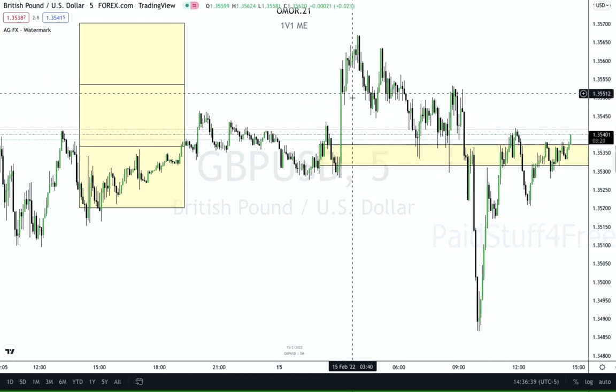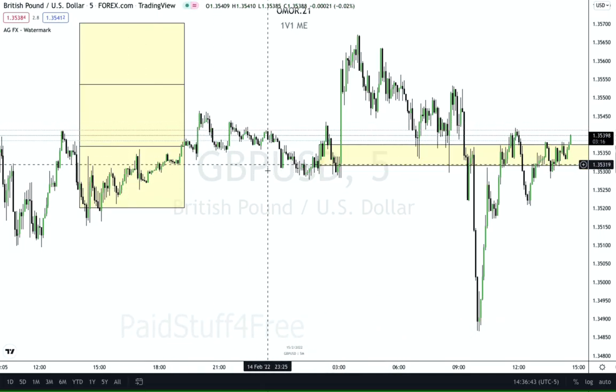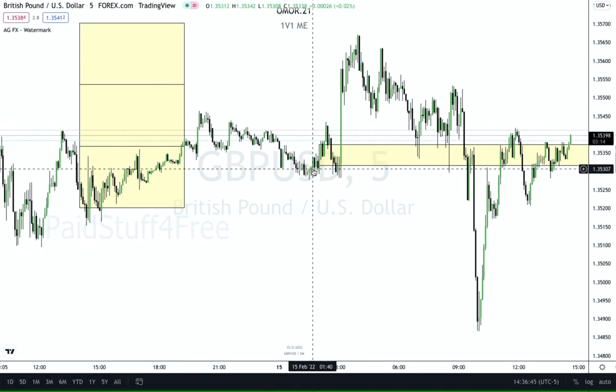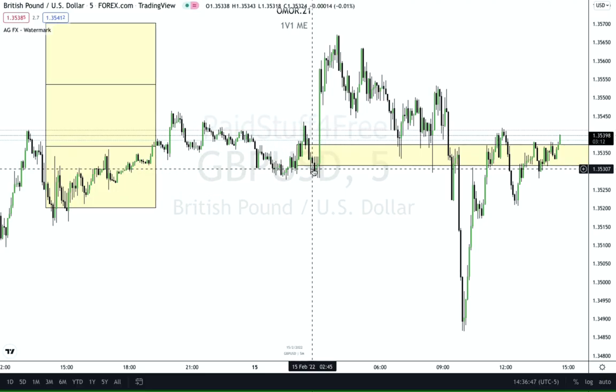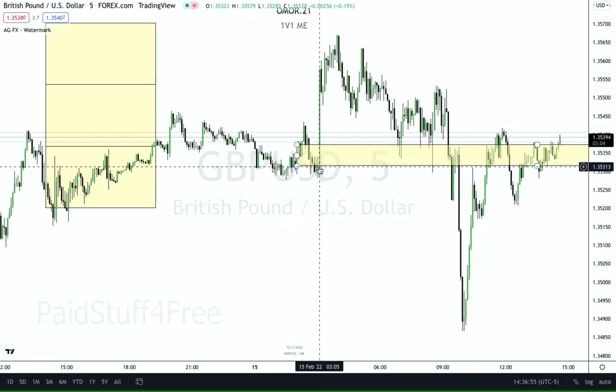How can a bank keep price in such a perfect range? I'm not saying that banks don't have any control. They do have some small manipulation, but the lion's share of the market is controlled purely off an algorithm that operates 24 hours, 5 days a week.